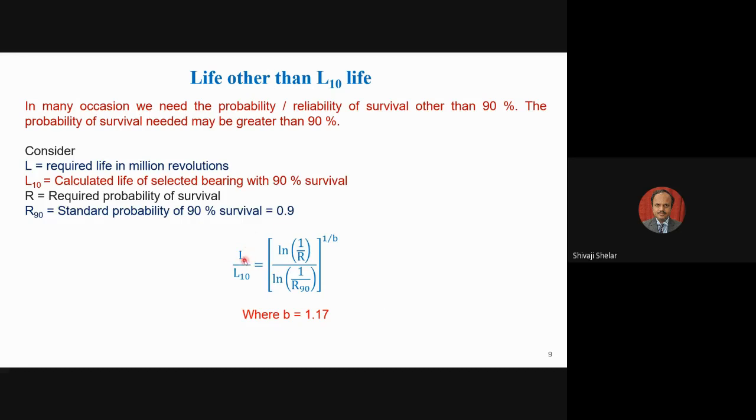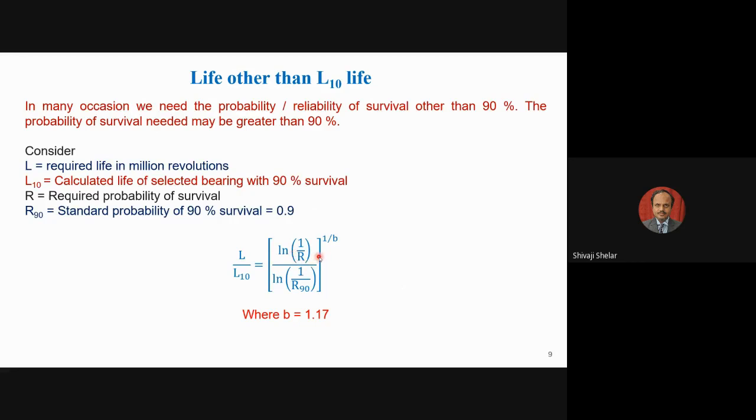Suppose that is coming as say 1,500 million revolutions. So you put that 1,500 million revolutions, and the associated L10 can be calculated from this relation. So this relation is normally used for calculating L10 life from actual life for probability other than 90%.